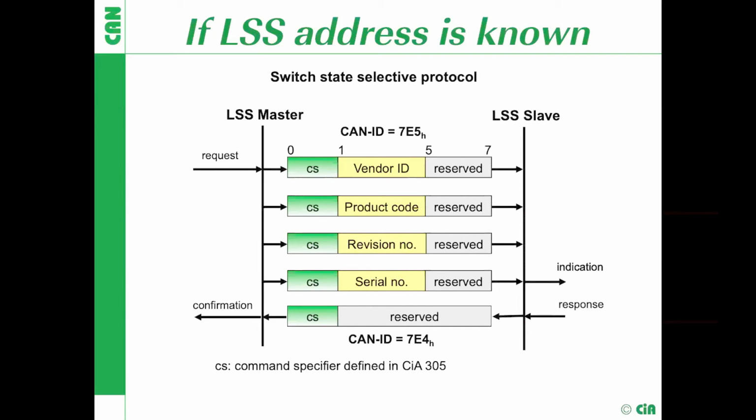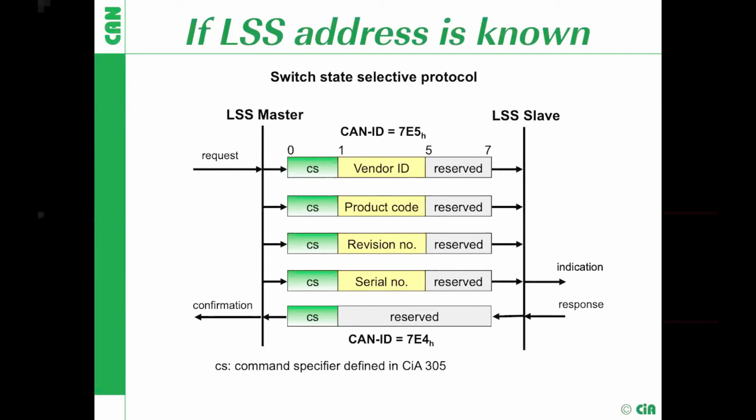The LSS master can address one LSS slave by means of the switch state selective protocol. The vendor ID, product code, revision number, and serial number are sent in 4 data frames in sequence.